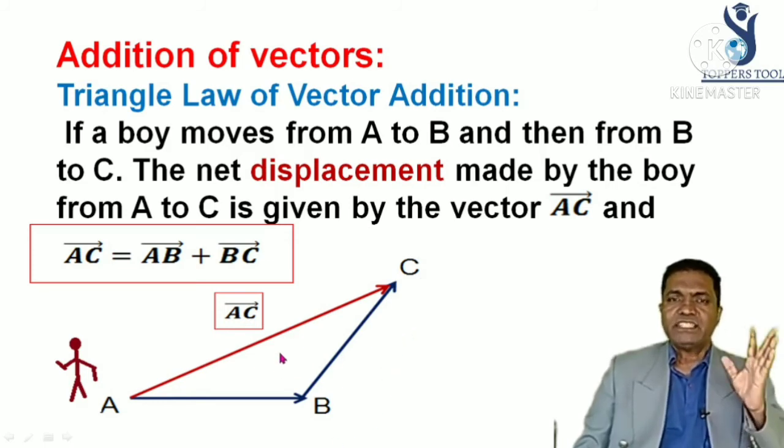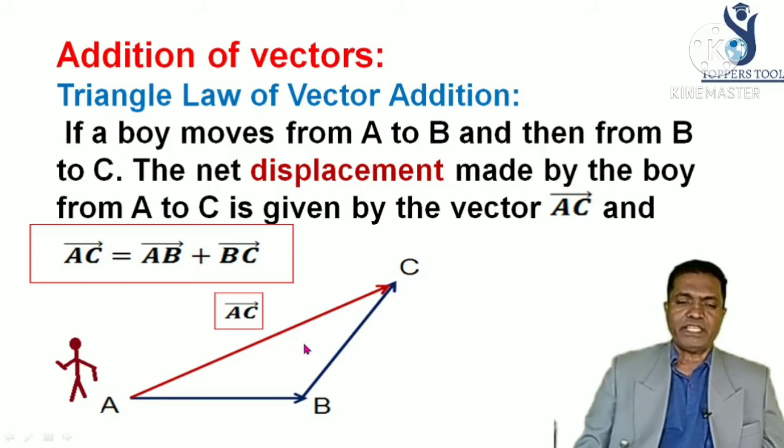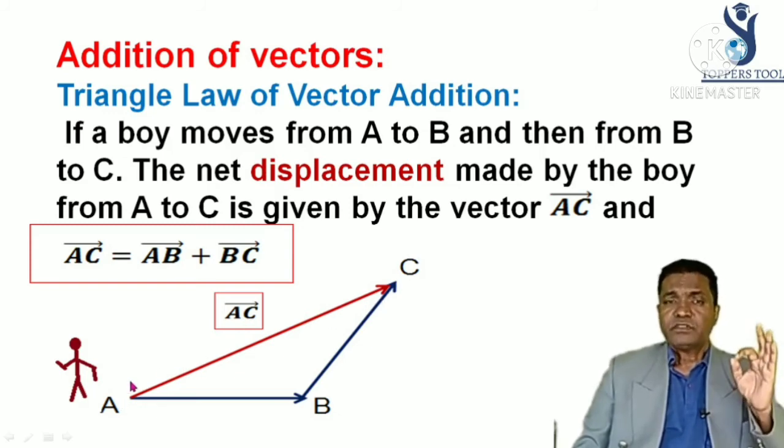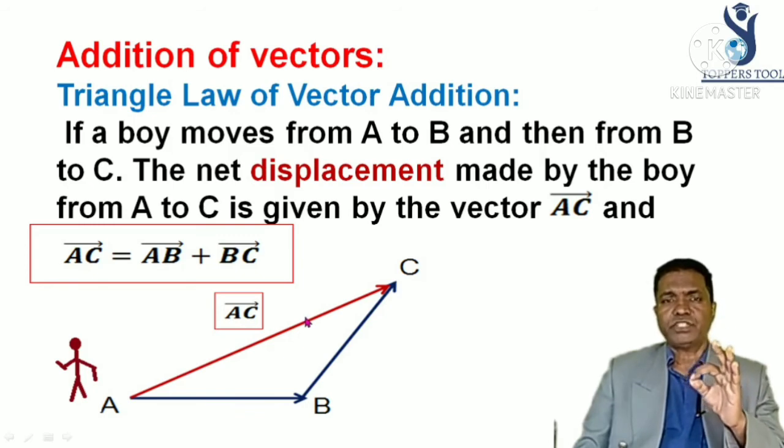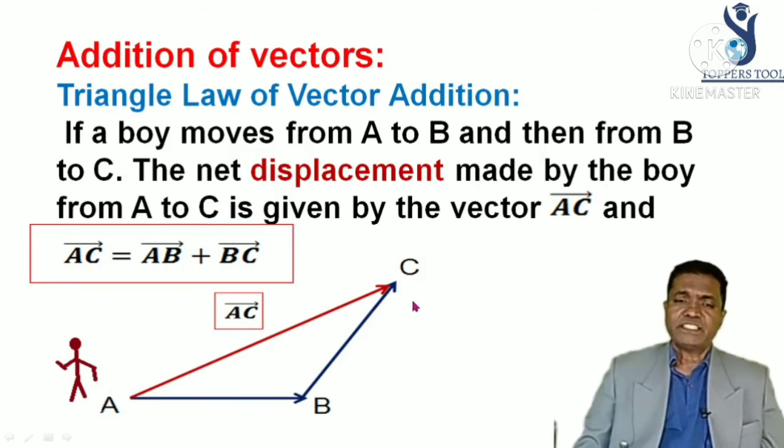So the net displacement of the boy is this. The distance between initial position and final position is called the displacement. So this AC is nothing but the sum of the two displacements AB and BC. So you can write vector AC is equal to vector AB plus vector BC.